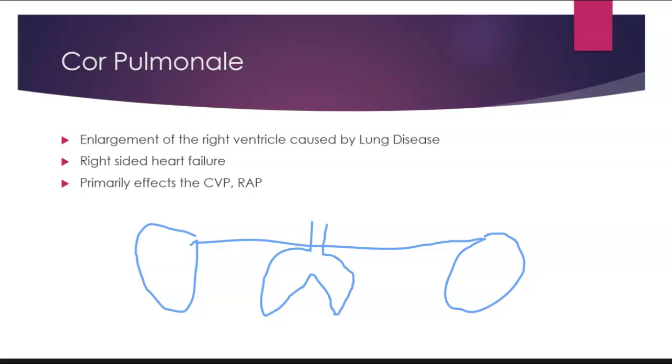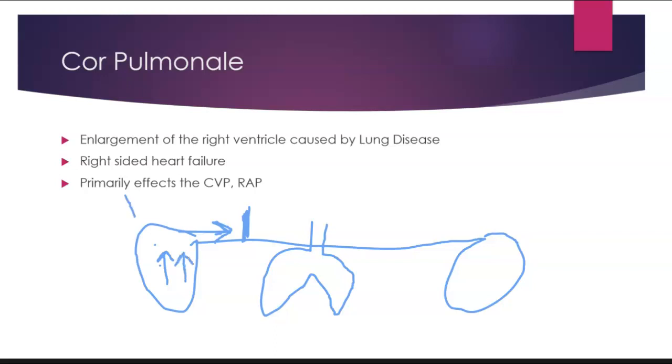If the right side of the heart isn't able to pump blood this way, because it's blocked some way, or it doesn't have good contractility, either the afterload is increased or the contractility of the right side of the heart is decreased, then I'm going to see increased pressures here because the blood isn't going to be able to go where it's supposed to go.